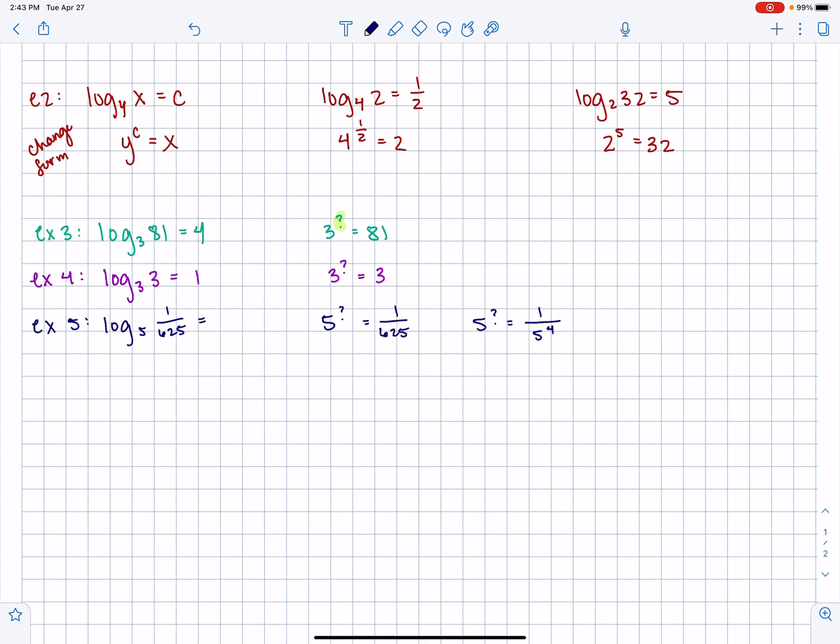But it's negative because you need to bring this up to the numerator. So this is 5 to the negative 4th is equal to 1 over 625, aka log base 5 of 1 over 625 is equal to negative 4. And that's how you solve logarithms, by thinking about them as an exponent.